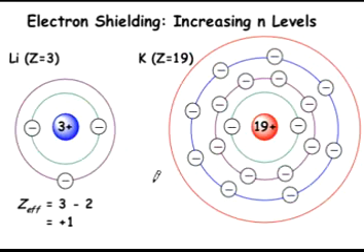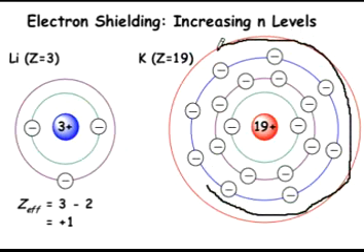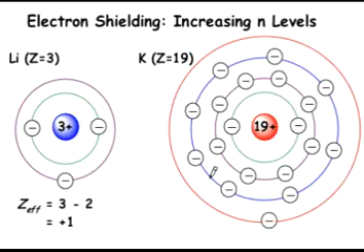We now have drawn on the screen a total of 18 electrons, 18 electrons that we consider to be core electrons, or non-valence electrons. We add the 19th electron to n equals 4, and we consider this electron to be the valence electron.